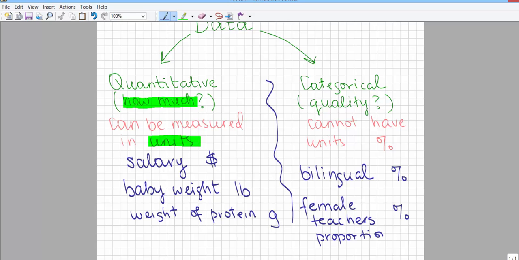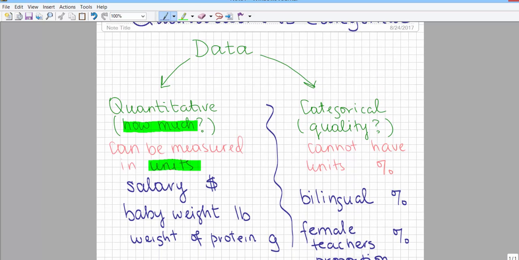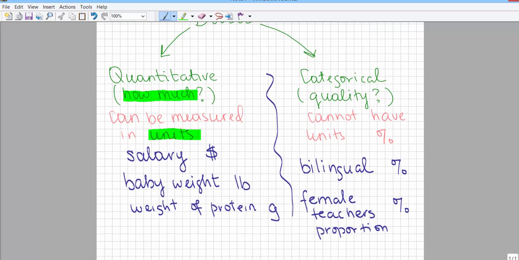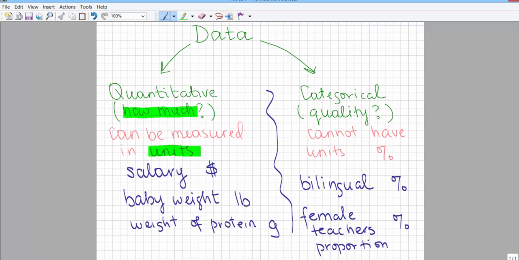That's your first step in figuring out what type of data you're dealing with. Okay, so quantitative, categorical, those are your 2 main types, and this is actually a very, very important question to ask. Once we're getting into further chapters where we talk about confidence intervals and hypothesis testing, this will come in really, really handy for you to know what type of data you're dealing with.